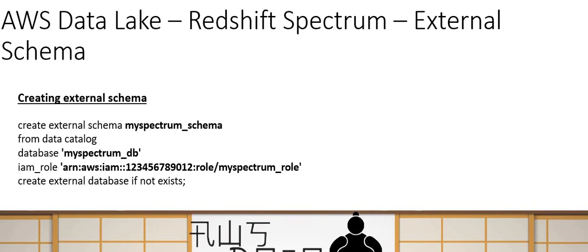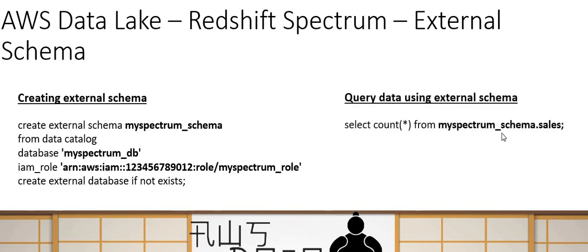Now, when you do that, all the tables inside this catalog database become external tables, or virtual tables, the word I'm using, inside your external schema, and then you can simply make a query using the external schema. So for instance, suppose there's a sales external table inside this schema.